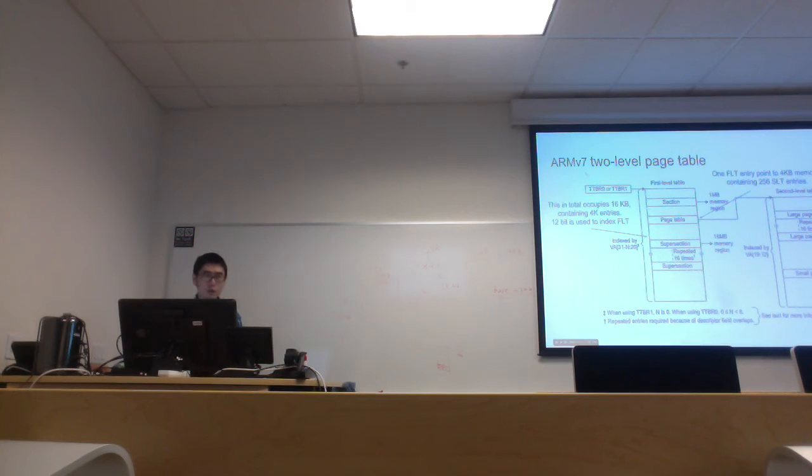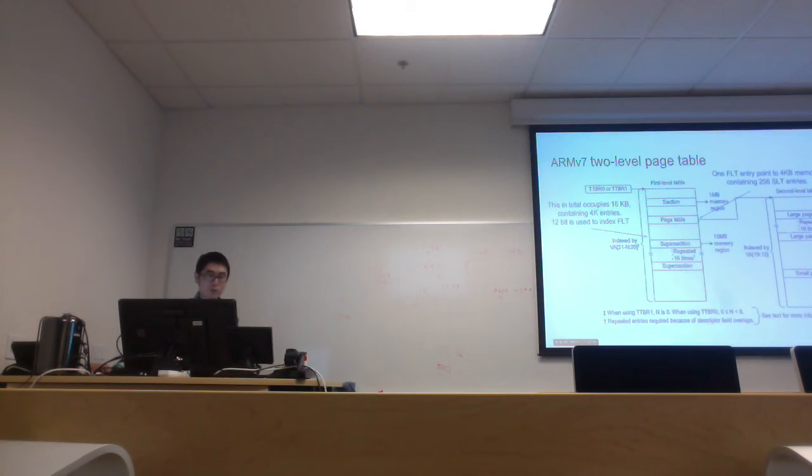Similarly, the 32-bit ARM uses a two-level page table strategy, but with a different splitting. The first level, which corresponds to the page directory on x86, is 16 kilobytes instead of 4 kilobytes on x86.